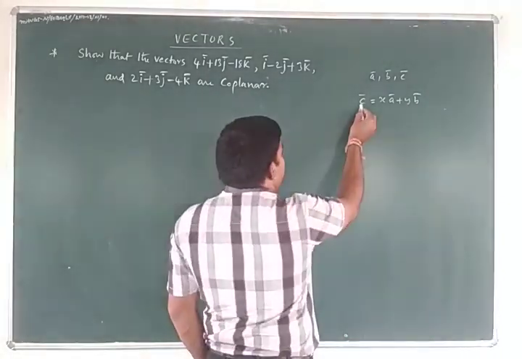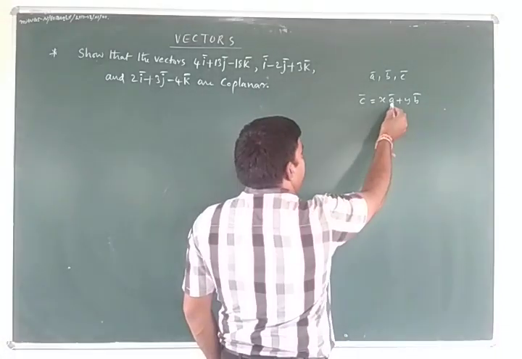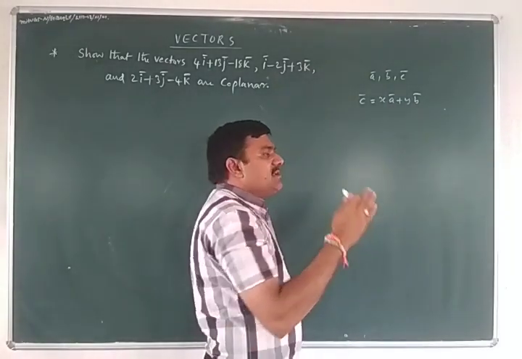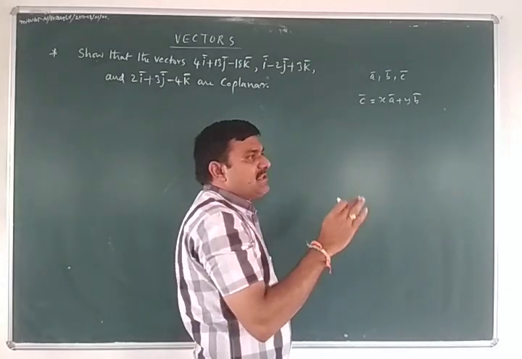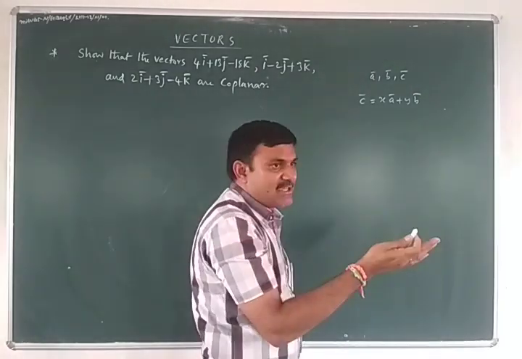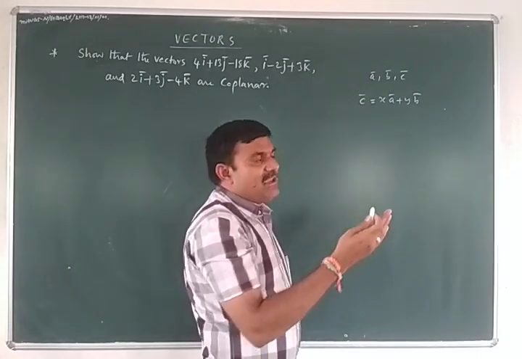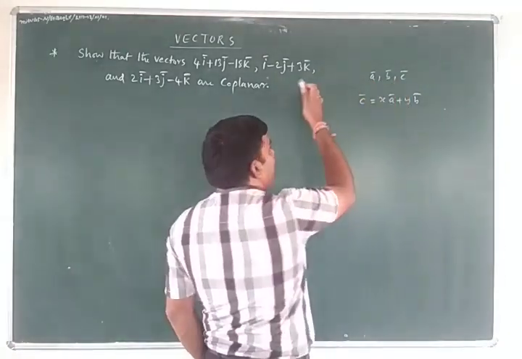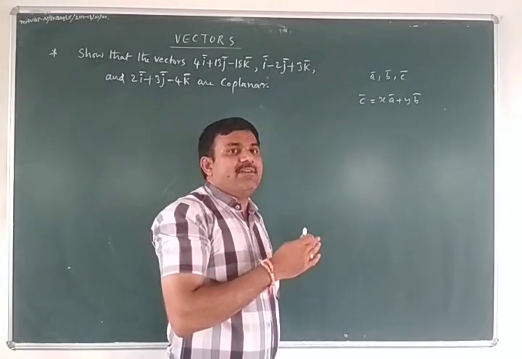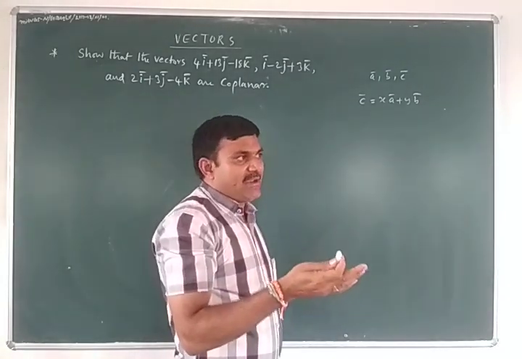So write the c bar vector, a bar vector and b bar vector, and compare to get three equations. Solve any two equations to get the x and y values. Substitute those x and y values in the third equation. When it is satisfied, the given vectors are coplanar vectors. When it is not satisfied, the given vectors are non-coplanar vectors.